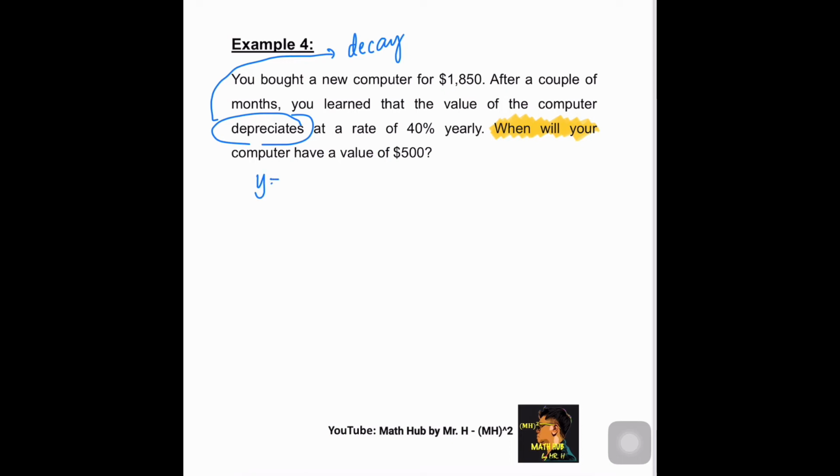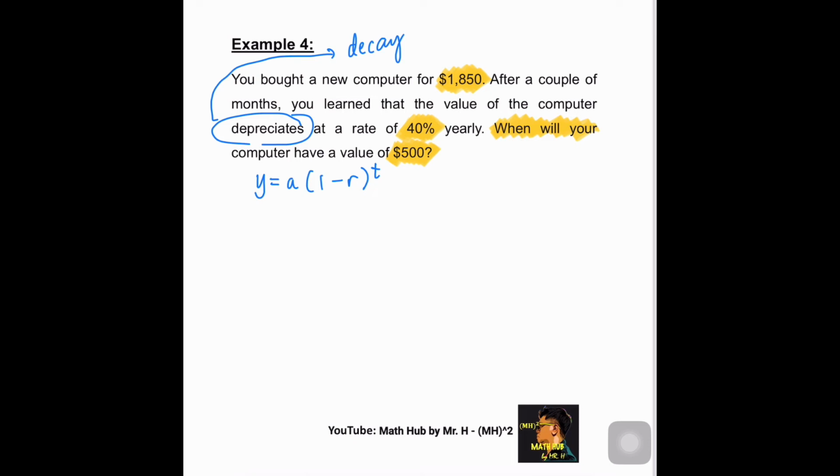So we have y equals a times 1 minus r to the power of t. We were given these numbers. So $1,850, which is the initial value. And we have the rate, 40% yearly. And this $500 is actually the future value. All right, so let's plug them into the formula.